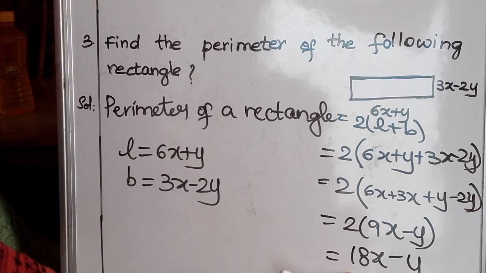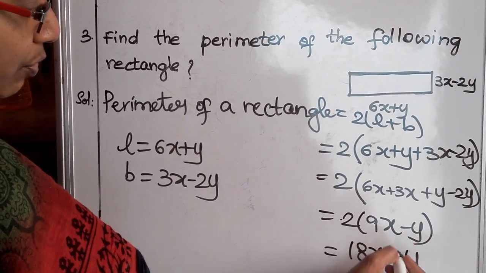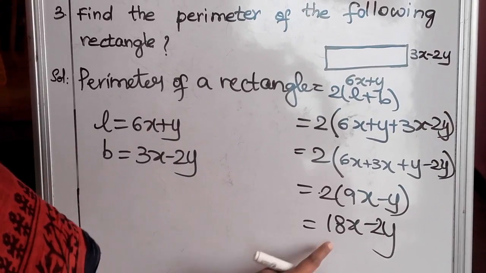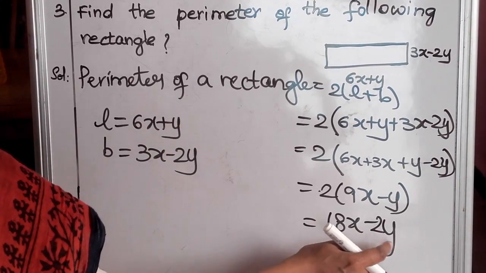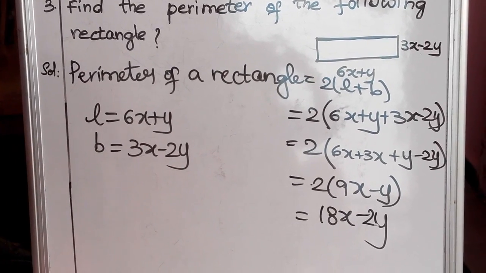So it is 18x minus, into 2 we are doing, so it is 2y. 18x minus 2y. Understood this? Copy in your class workbooks, children.